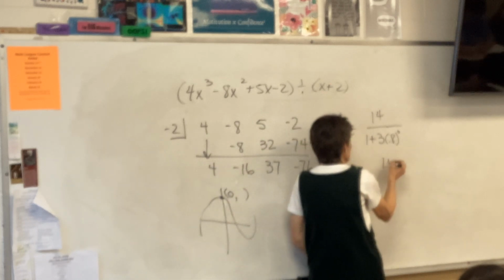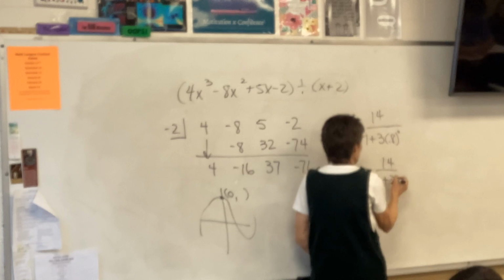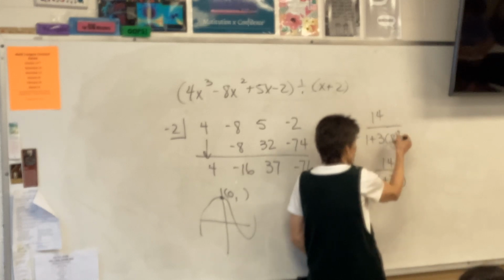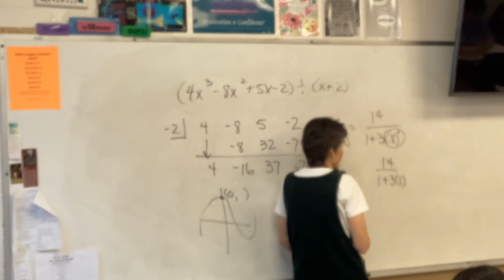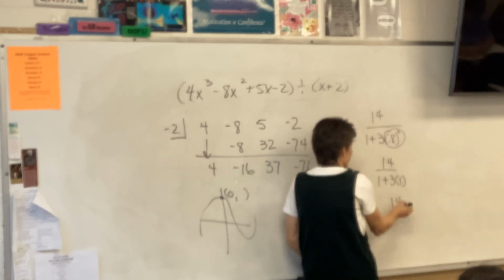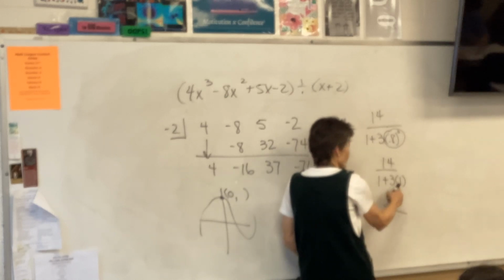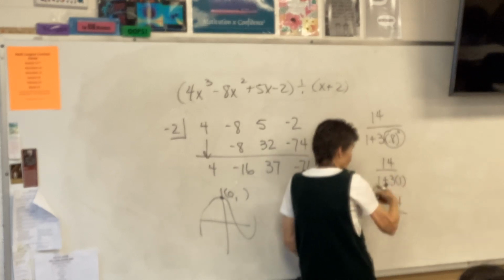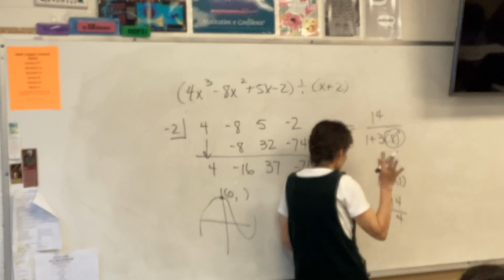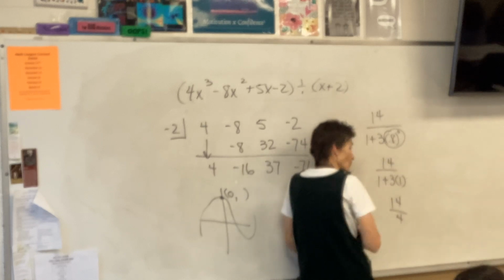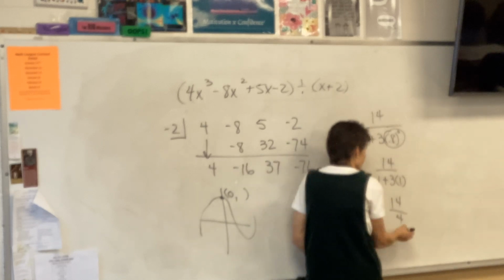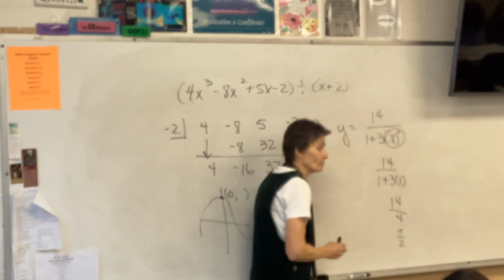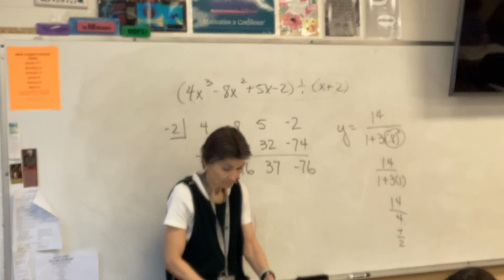So we have 14 over 1 plus 3 times 1. This right here is 1. Well, what's 1 plus 3 times 1? 4. And always reduce, so what's 14 over 4? 7 over 2. 7 halves.